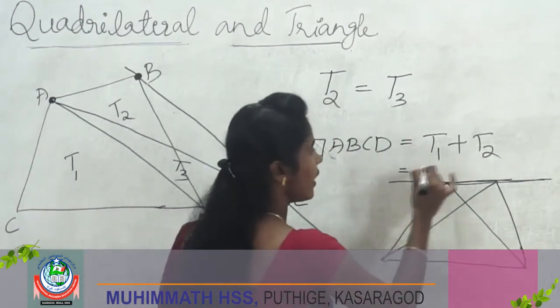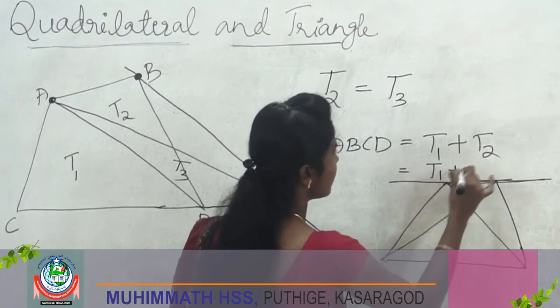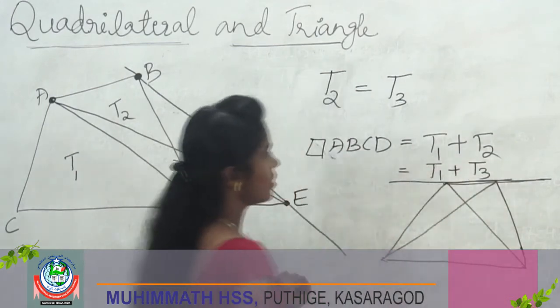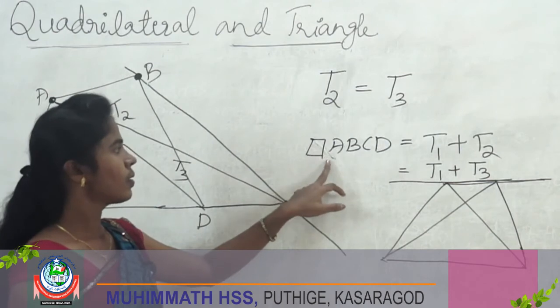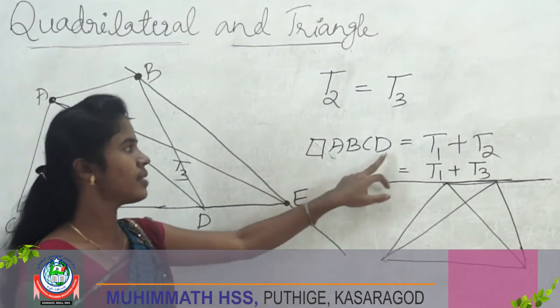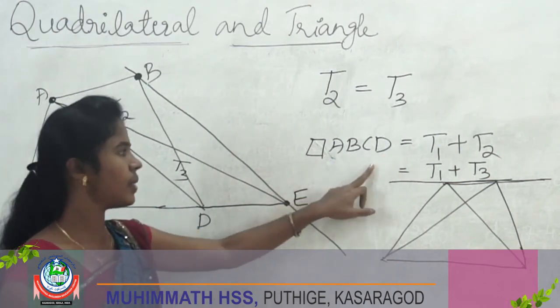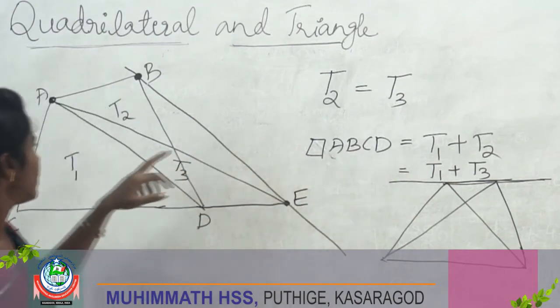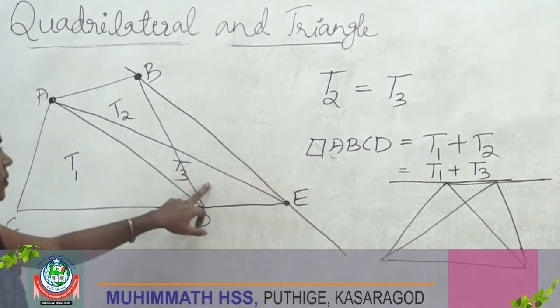So we can say T1 plus T3. The area of quadrilateral ABCD is equal to T1 plus T3.